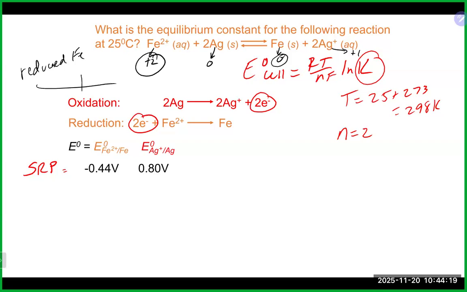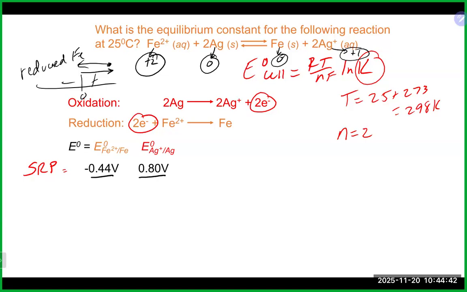And again, if you even need to do the number line thing like we did before, +2 to 0, obviously becoming more negative in this case. And by default here, we can see the silver is going from 0 to +1, so becoming more oxidized in this case.